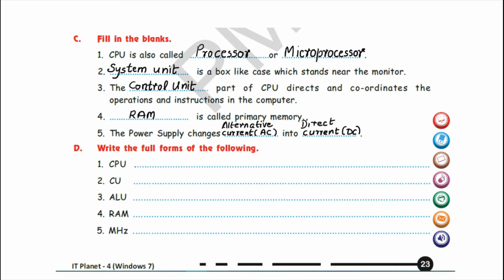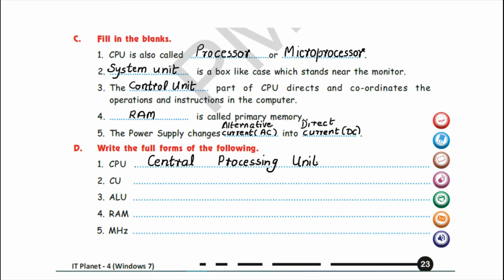Time to do exercise D. Write the full forms of the following. Number 1, CPU. So let's write here: Central Processing Unit.